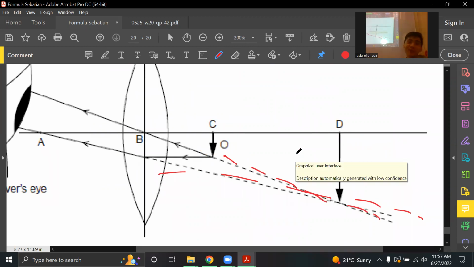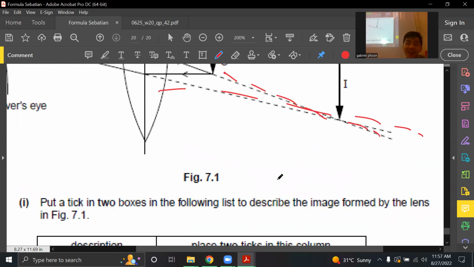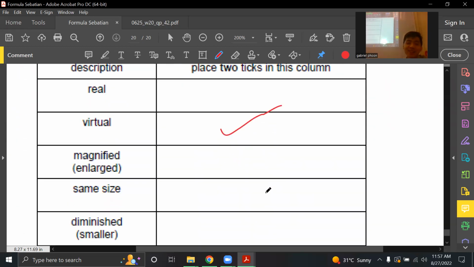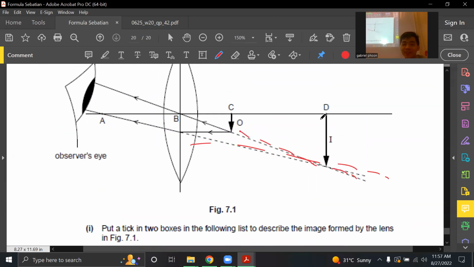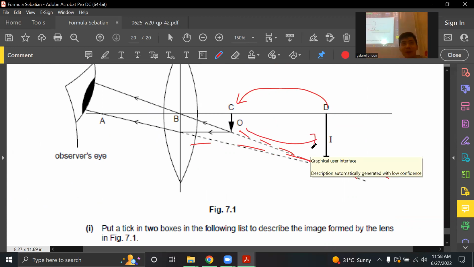This is the same size. Which one is it supposed to be? Diminished. Which one are you comparing with? Is it from the image to the object or the object to the image to define whether it is magnified or diminished?